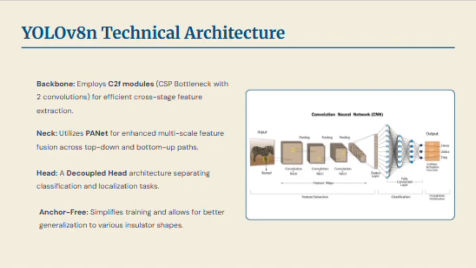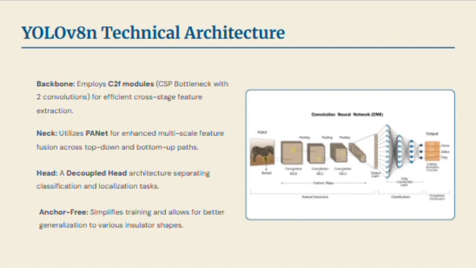The neck of YOLOv8n is used for feature fusion, meaning it combines features extracted from different layers of the backbone. It uses a combination of feature pyramid network (FPN) and path aggregation network (PAN) structures to pass information both from top to bottom and bottom to top.